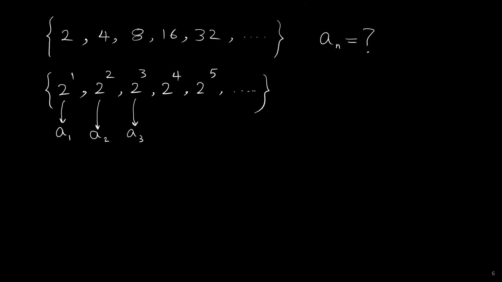A sub 3 is 2 to the 3. Fourth element is 2 to the 4. Fifth element is 2 to the 5. So by looking at this pattern, we can guess that probably a sub n, the general term or nth term of this sequence, should be 2 to the power of n.